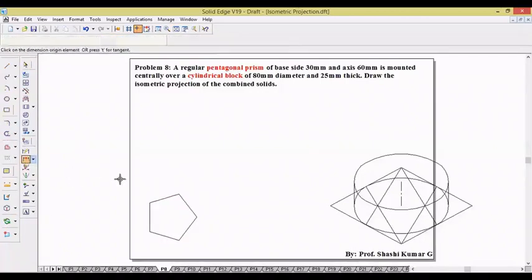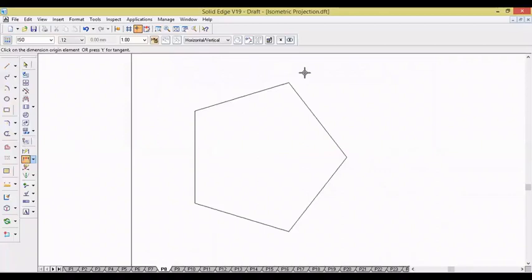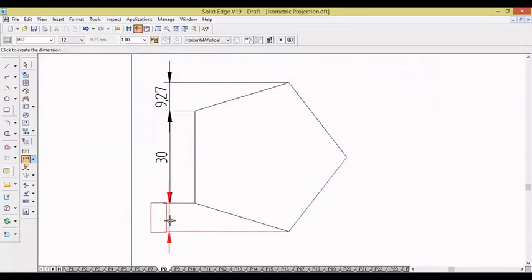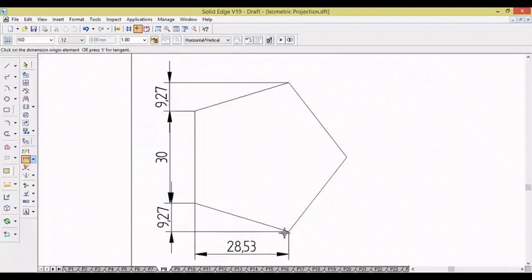Get the dimensions of this pentagon using the distance between command. It also looks like we are enclosing the pentagon in a box.